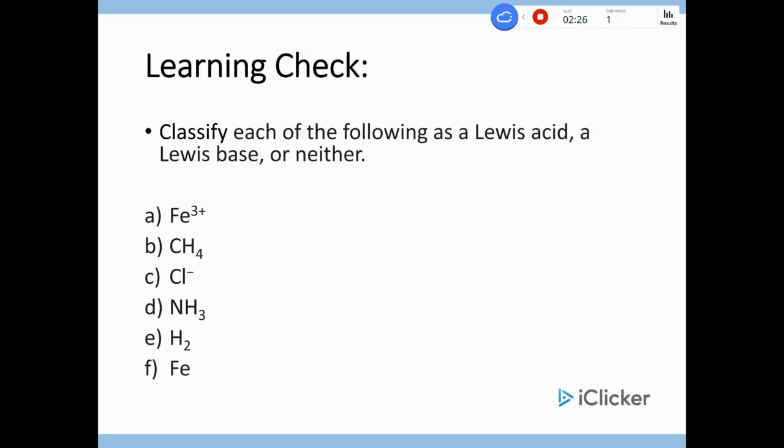Or is it open shell? It has lost 3, so it gave away 3 electrons.